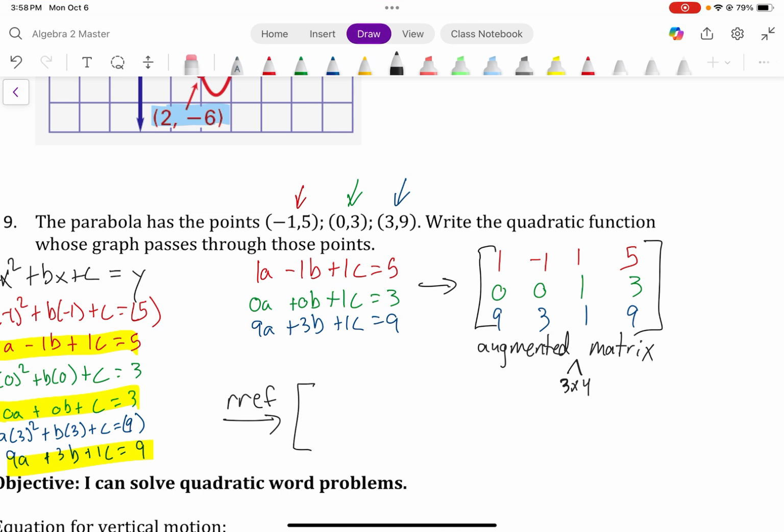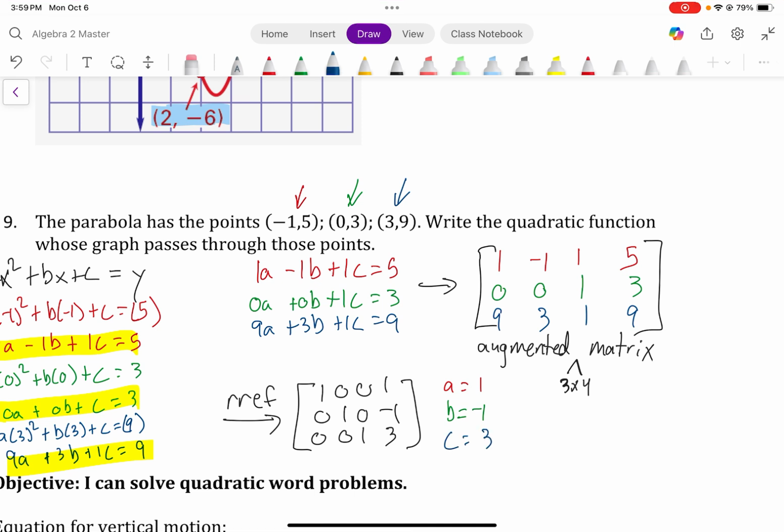That's going to give me 1, 0, 0, 1, 0, 1, 0, -1, 0, 0, 1, 3, which tells me A is 1, B is -1, and C is 3.